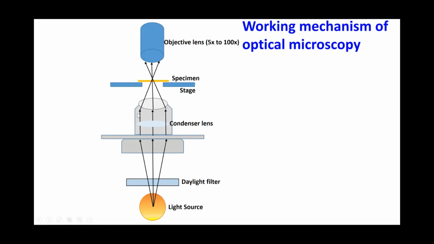The image produced by the objective lens is then magnified again by the eyepiece lens, which acts as a simple magnifying glass.